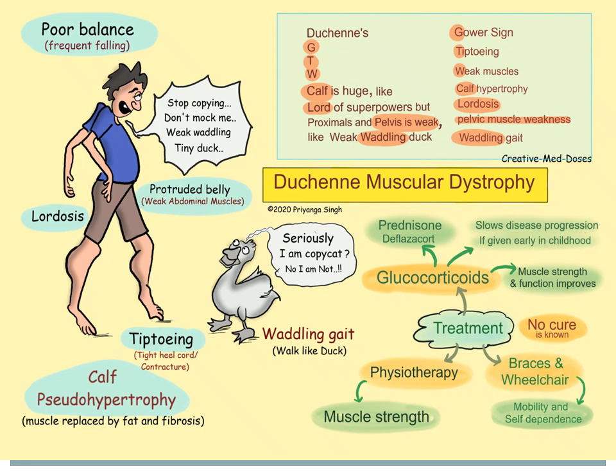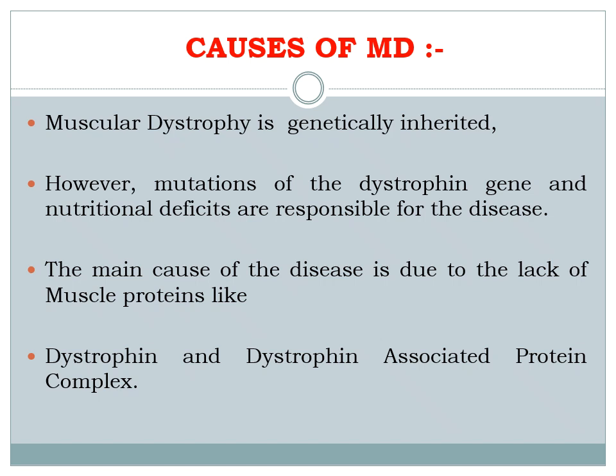Then protruding belly, there is a projection in the belly, tiptoe, then calf muscle pseudo hypertrophy. There is a tightness of the calf muscle. These are the changes present in the muscular dystrophy.